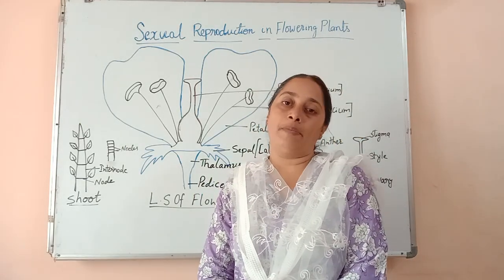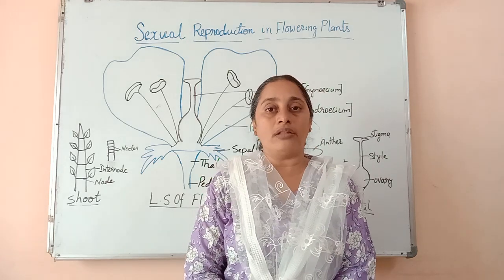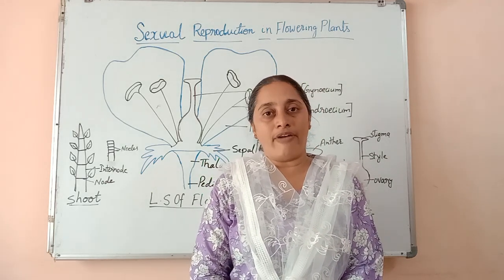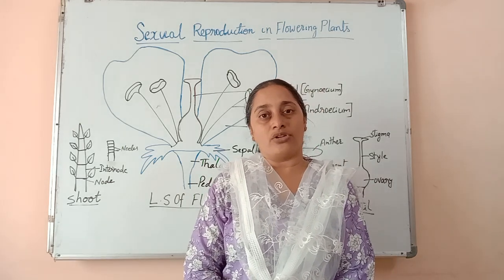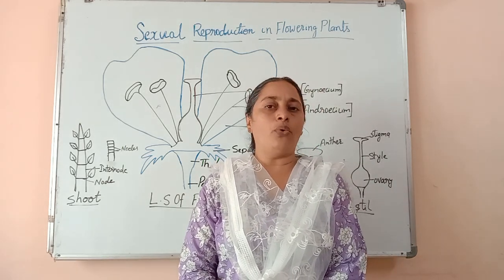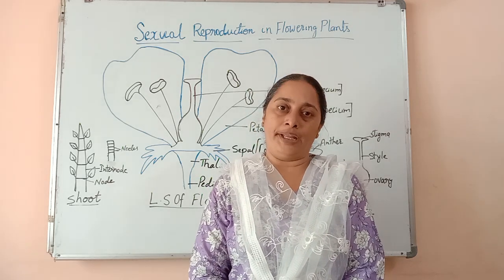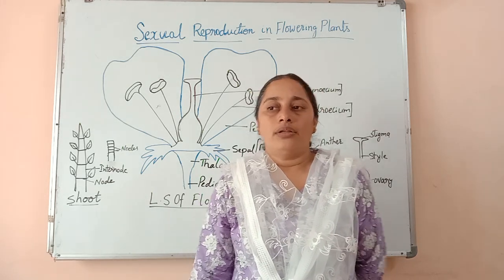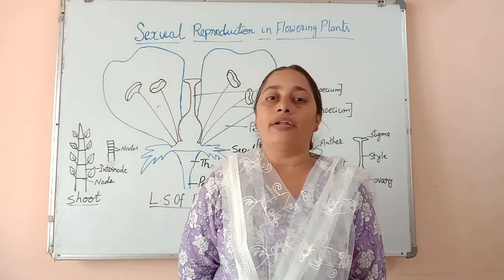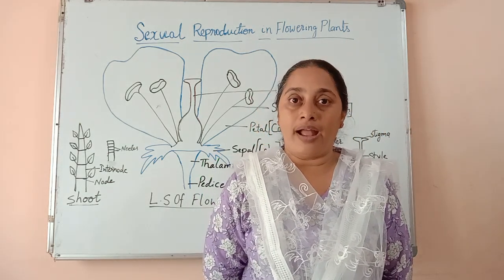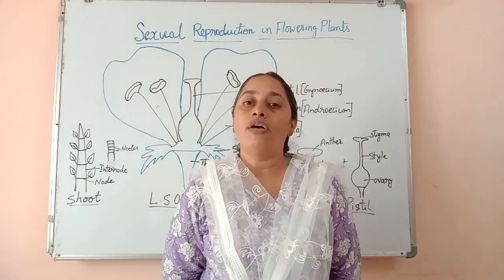Why are they called flowering plants? Because these are the specialized, highly advanced group of plants which bear their reproductive structures in the flower, a beautiful part of the plant body. So, flowering plants bear their reproductive organs within the flower, and that is the significance of the flower.